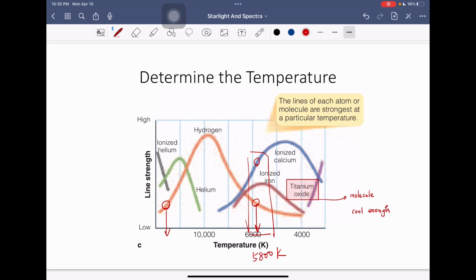And as the temperature gets cooler and cooler, some special lines will appear, such as titanium oxide.